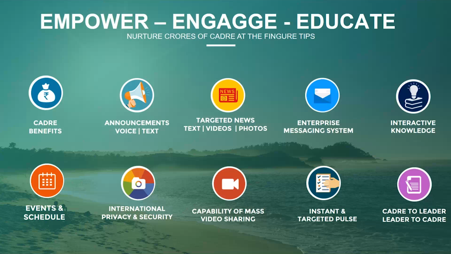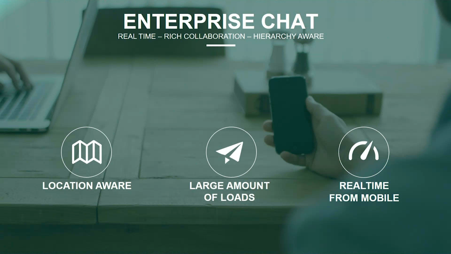It's not just about leader sending information, cadre seeing it, but cadre also can go ahead and ask for information and raise questions, give feedback. It's a complete 360 degrees full life cycle.